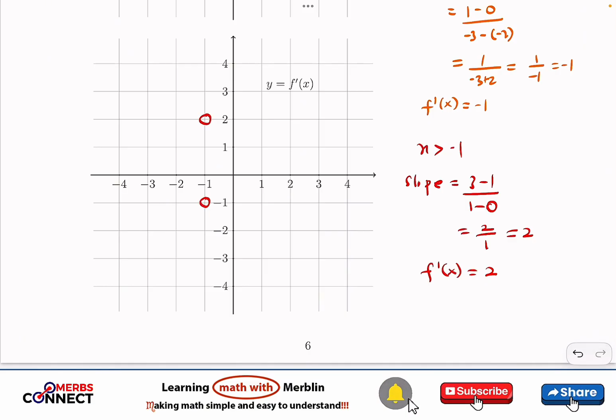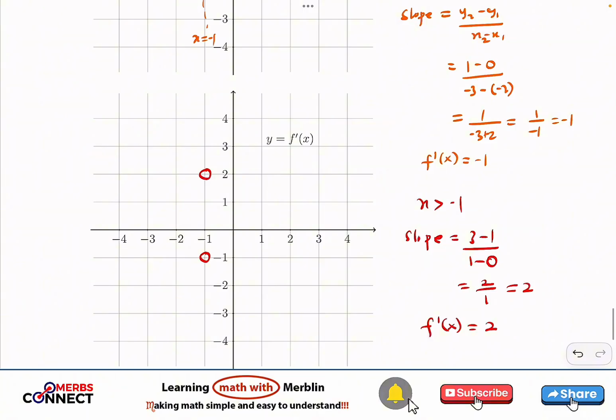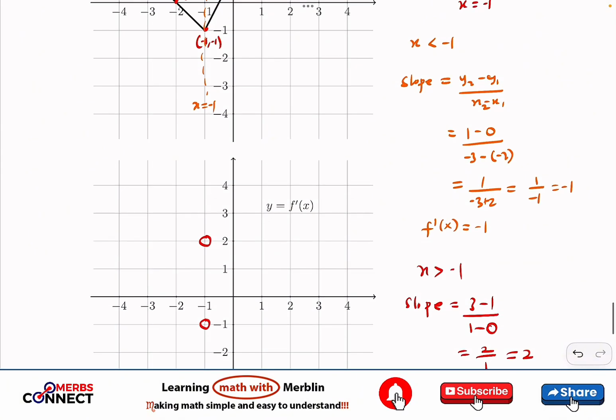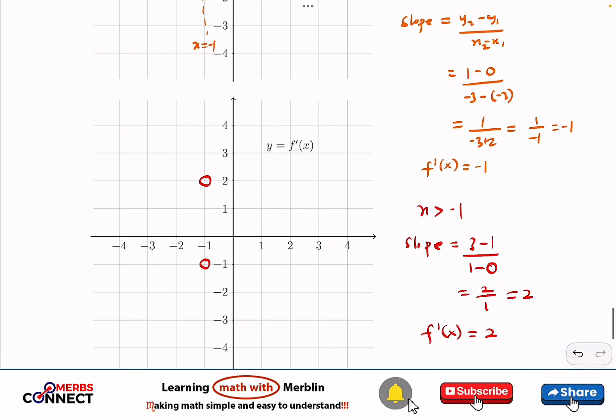Now what is happening? Look here. f prime of x is equal to -1 as we go to the left. Don't forget it's for x less than -1. When I plug in -2 here, I'm still going to get -1 because this is constant. Since this is constant, any value you put in this function gives -1, so it just moves along like this.